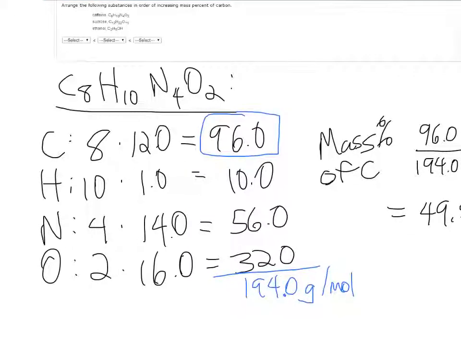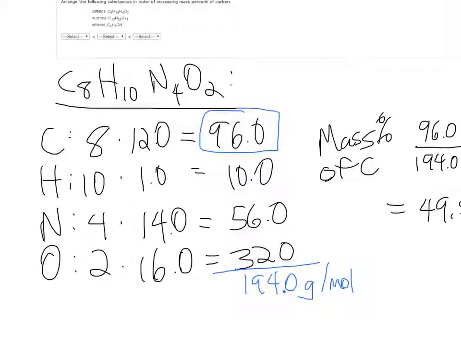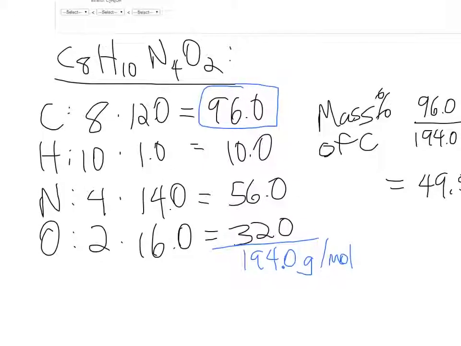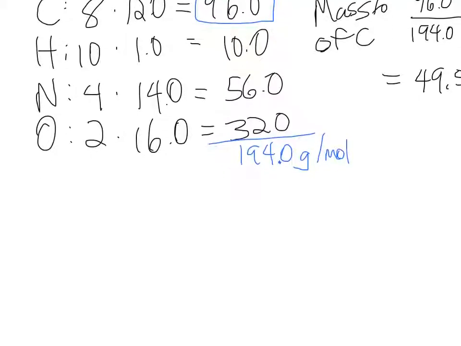Let's take the next compound, sucrose, whose formula is C12H22O11. And we find the molar mass just like you would always do.